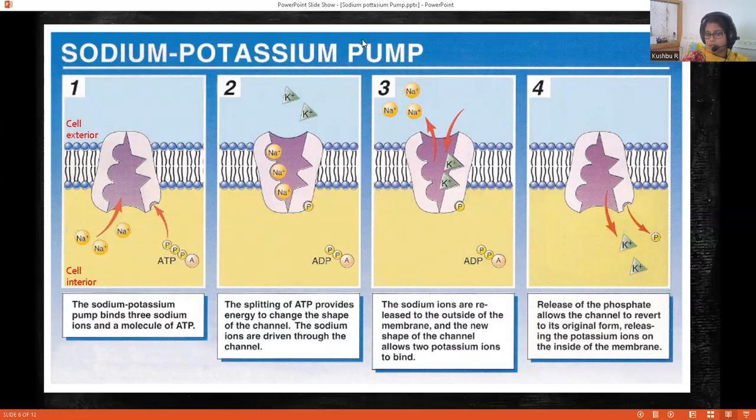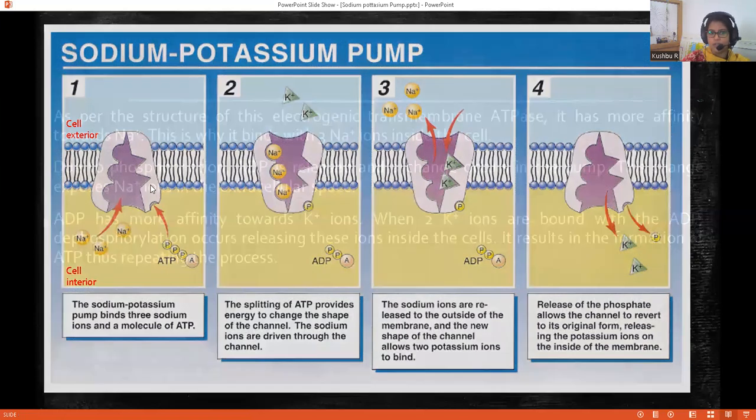As it leaves away the sodium ions, it also takes in potassium ions. And then another conformational change happens, where Pi and the potassium ions will be left out. Again, 3 new molecules of sodium will attach here, another ATP attaching, so that the regulation is carried on further.